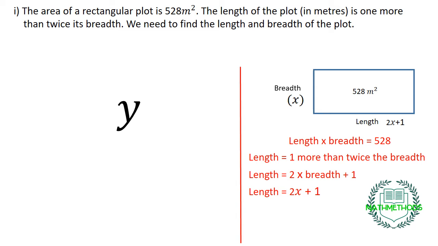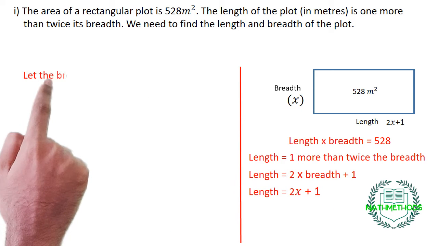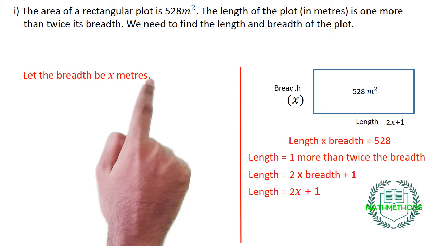Assign x, y, p, m or any letter as a variable to the unknown quantity. In this example, the breadth of the rectangular plot is the unknown quantity. Let's assume the breadth to be x. Let the breadth be x meters.